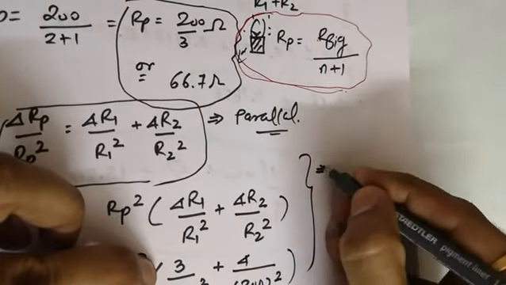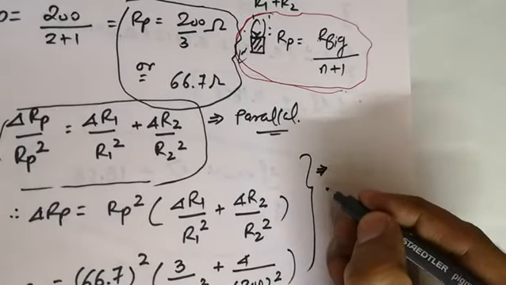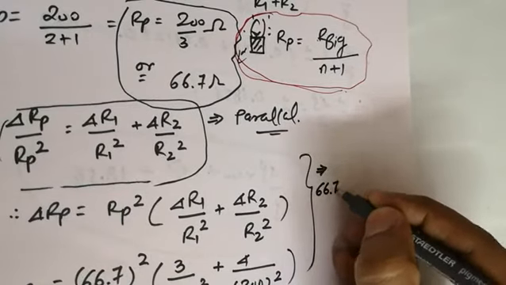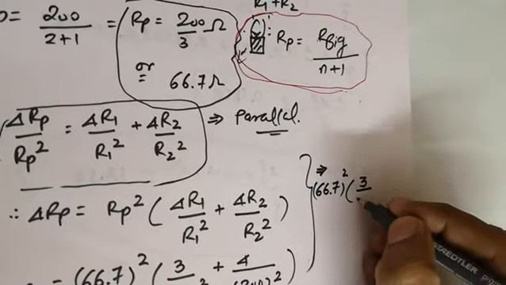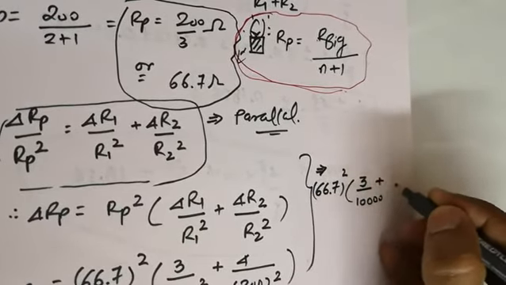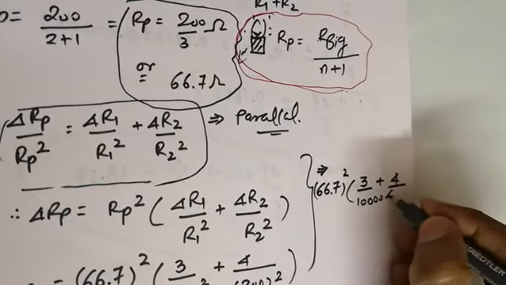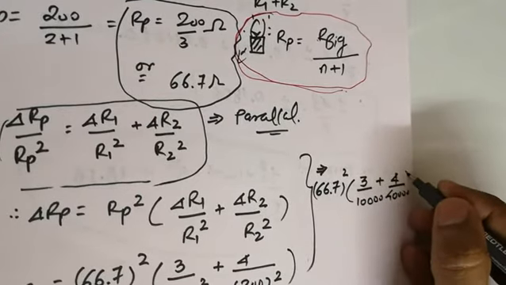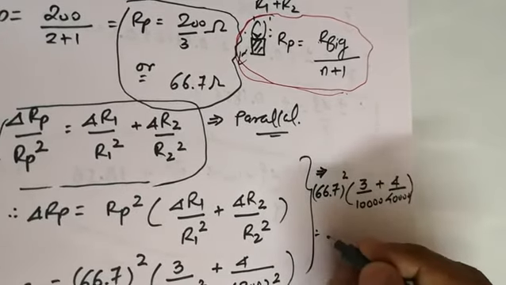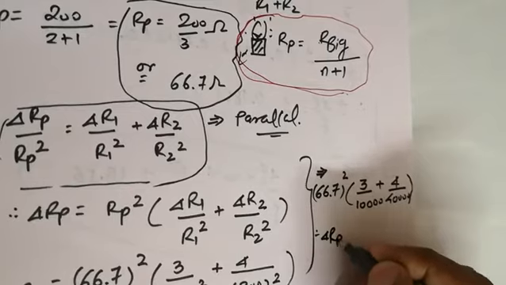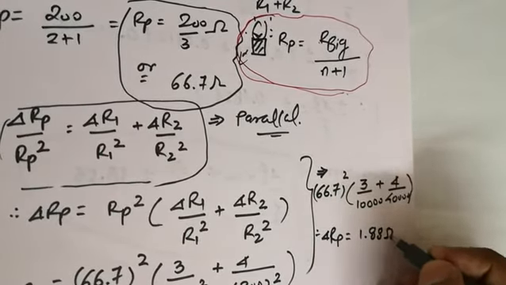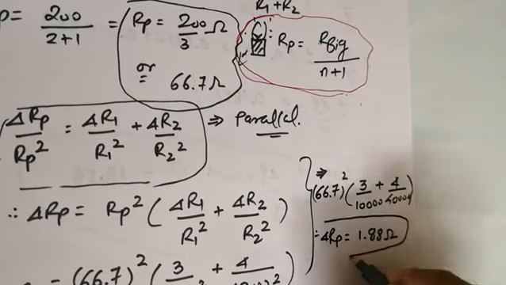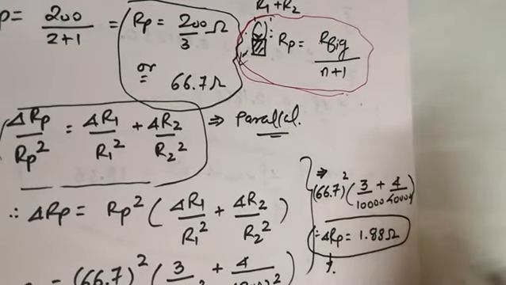By calculating it, I get 66.7 squared times the bracket of 3 divided by 10000 plus 4 divided by 40000. By putting all this data, I can say that delta Rp is nearest to 1.88 ohms. So this is the value for parallel.